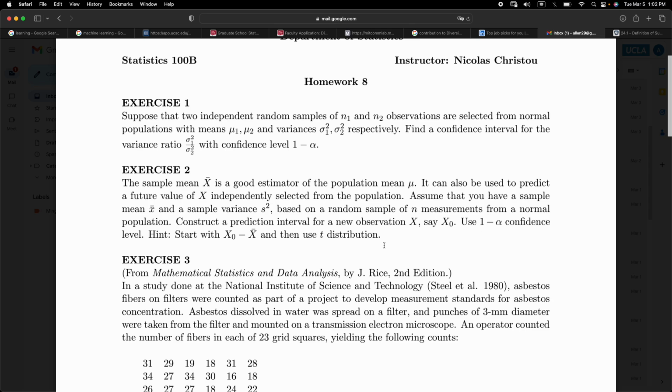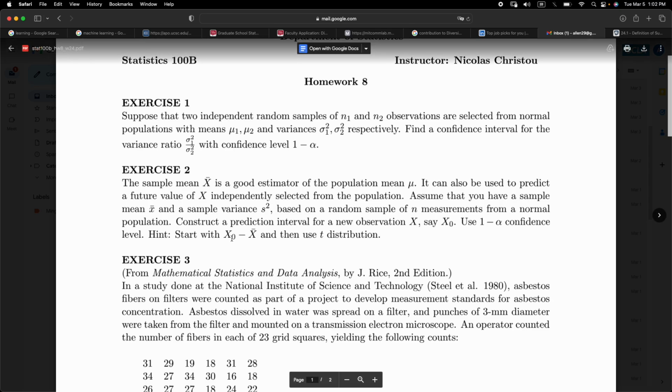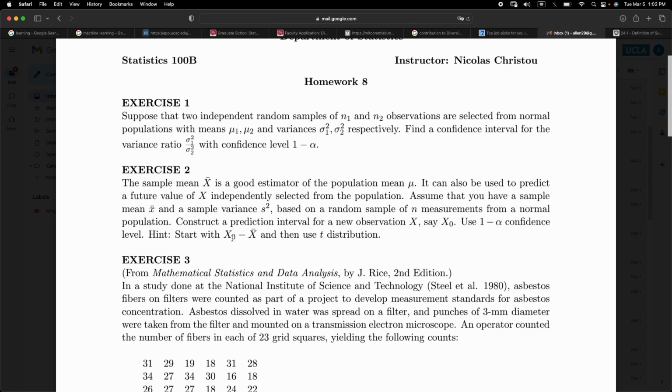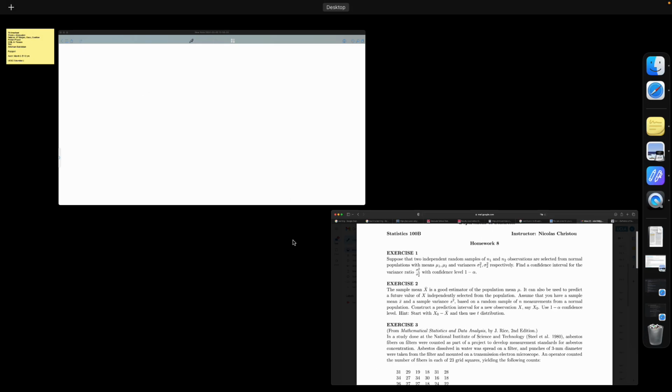The hint here is that we start with x0 minus x bar, and then use the t distribution. So let's construct the confidence interval. Maybe the hint is not too straightforward.